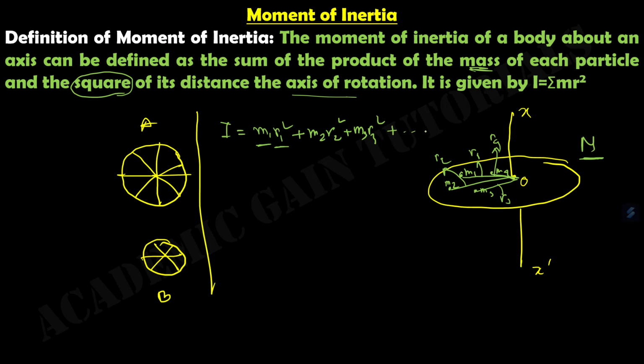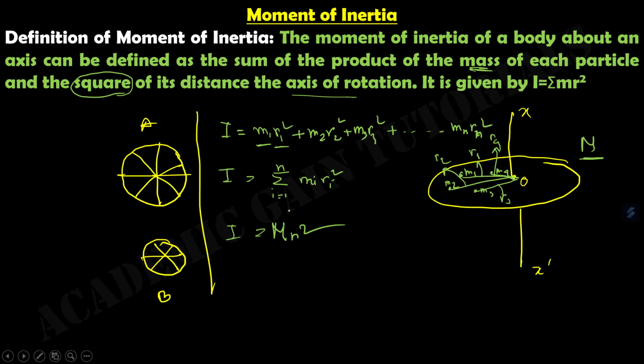It will go up to mn rn square. So we can represent this whole thing as summation of mi ri square, where i equals 1 to n, or we can simply represent this as I equals m r square.